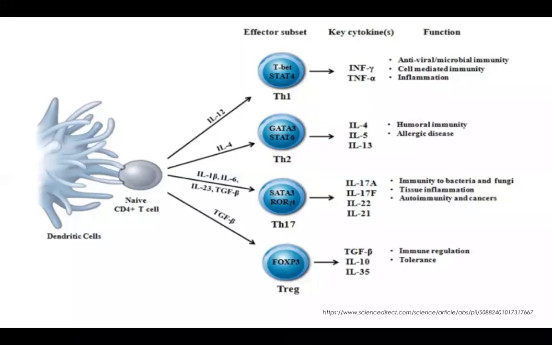And so it's important here, the reason that you can see over here, dendritic cells and CD4 cells, right? So there's something called antigen-presenting cells. It's very self-explanatory.